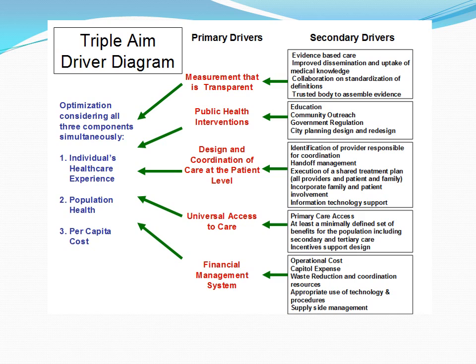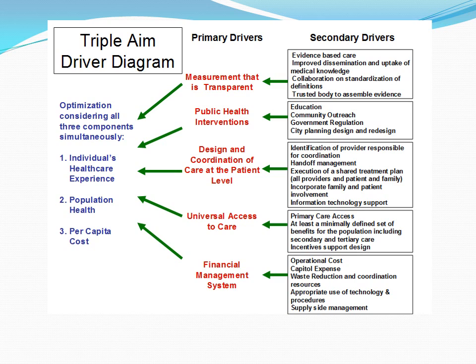On the left there, you'll see those three components that should be considered simultaneously: the individual's healthcare experience, population health, and per capita cost. But really on the right, the secondary drivers are what you can focus on, and then in between are what are called primary drivers, which are big picture items. But on a day-to-day basis, the things that you can do are really in those boxes on the right.